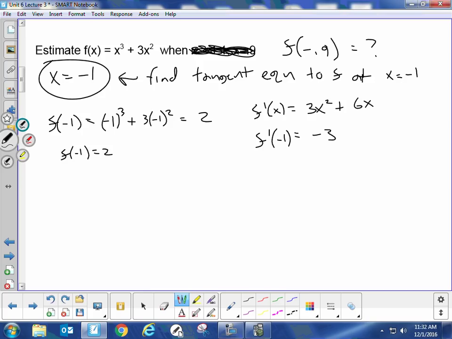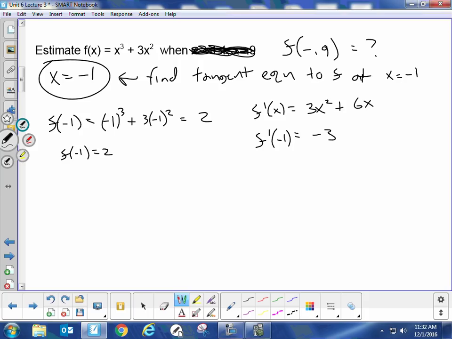Could you not do it that way? Could you do it that way? If I asked you to find the estimate for the inverse of f at that, then you would have to use the inverse derivative formula. But we're not talking about inverses at all. So no, we would not do it that way. We got our slope, we got our point.